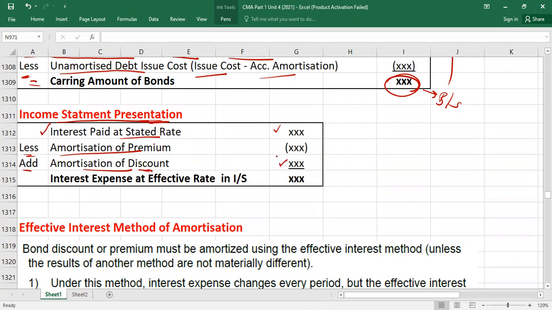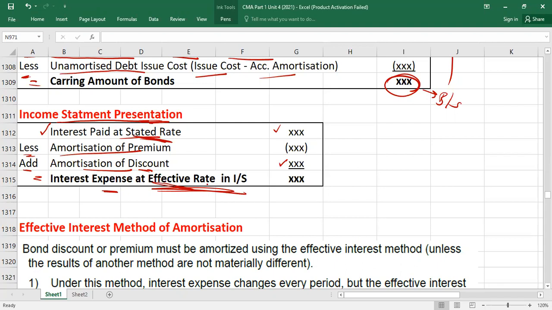This will increase your interest expense. So the interest expense will be at which rate? It will be equal to the effective rate. See, we started with the stated rate. It will end with the effective rate, automatically.